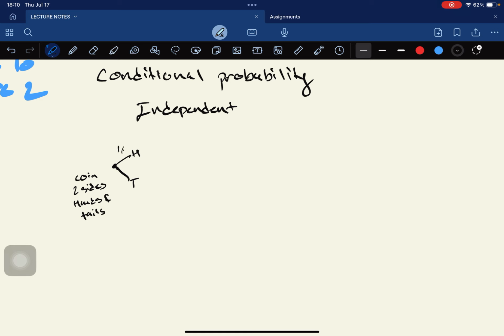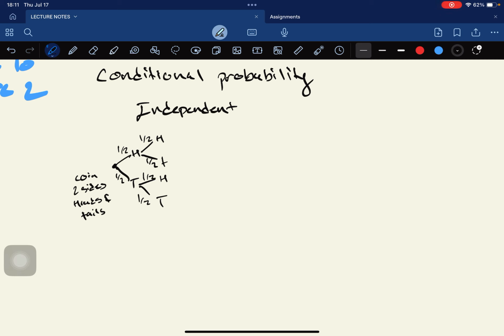So it's a half chance for both of them. If you flip the second time, you either hit heads or tails, and it's still half, half. Let's say you get tails on the first try, and the second time you toss again, you get heads. It's still half, half, right?